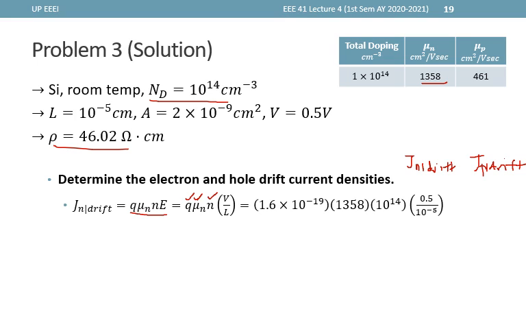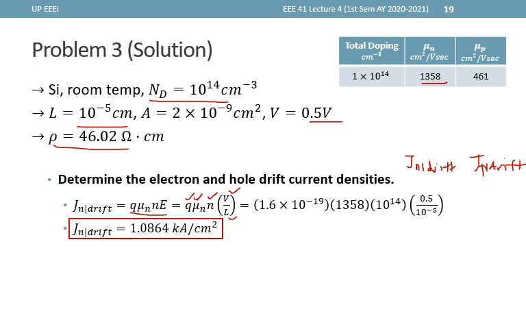Now the voltage is 0.5 over the length in centimeters, which is 10 raised to minus 5. So we can already compute the electron drift current density and get this value: 1.0864 kiloamperes per centimeter squared.